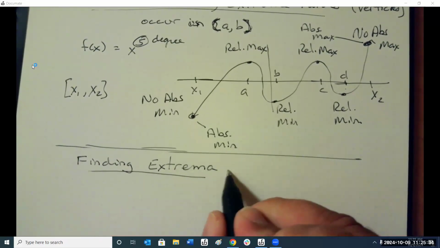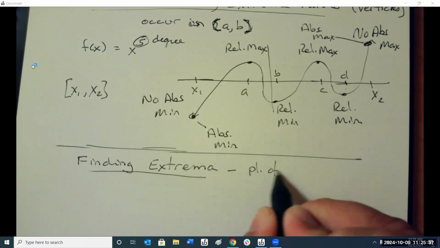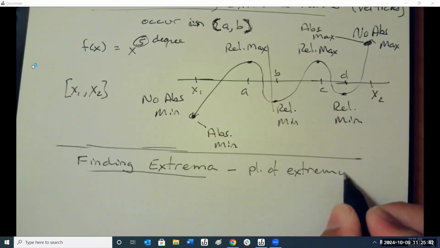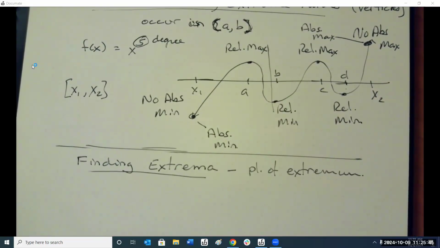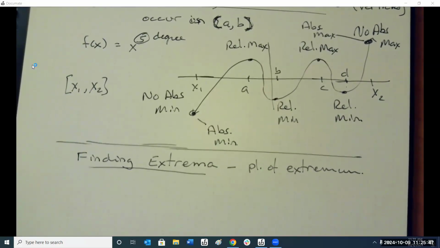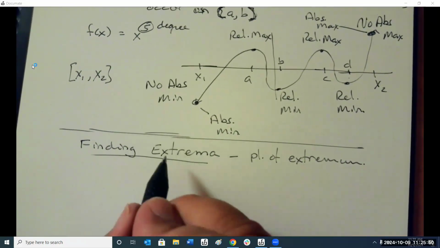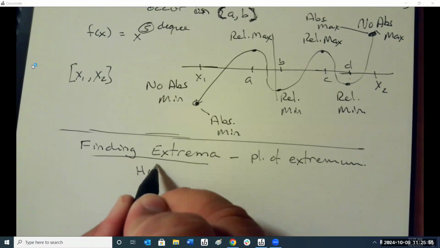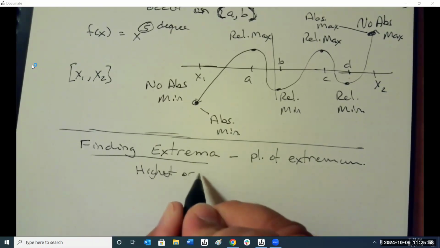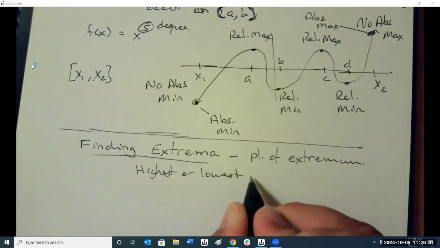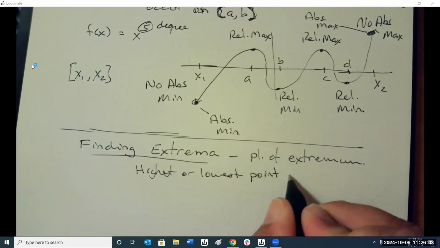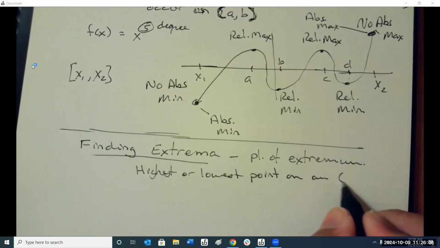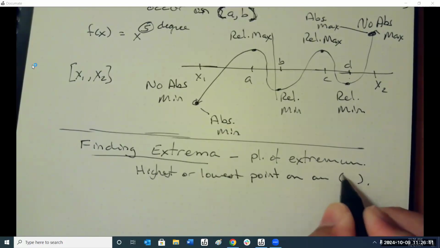Finding extrema, the plural of extreme. Remember, extrema is the highest or lowest point on an interval.